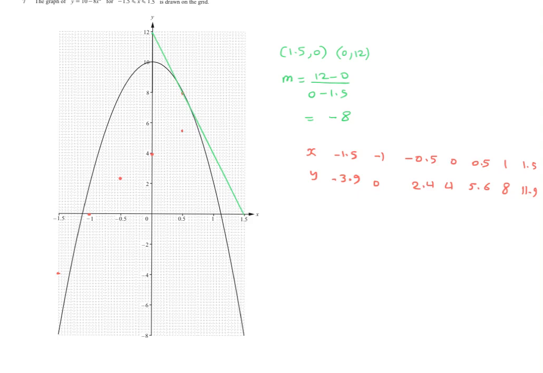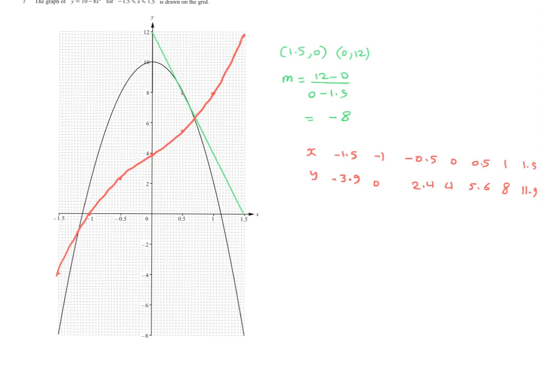Then 1, 8. Then 1.5, 11.9, approximately here. Then join the points.